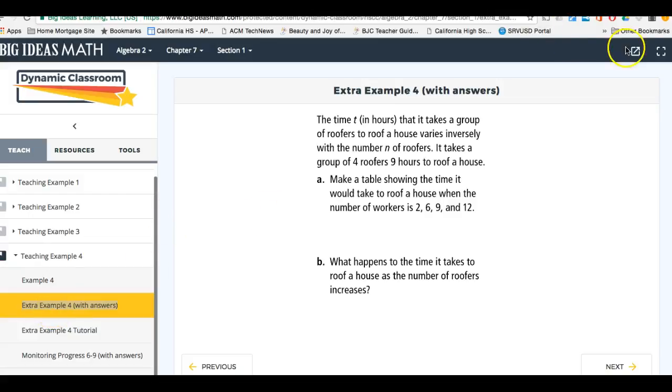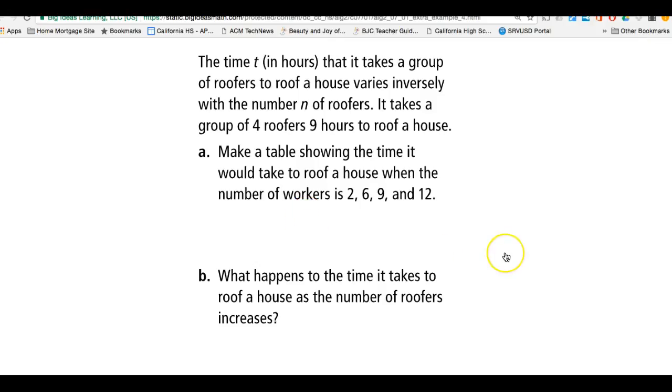So what I want you to do, you've got this problem right here. I'm going to have you write in a couple different things for your answer. It's just going to be one single text box that shows up. I want you to first make a table. Before you make your table, I want you to write out your equation.